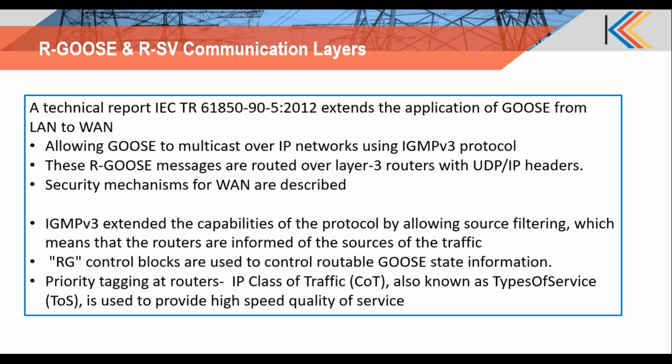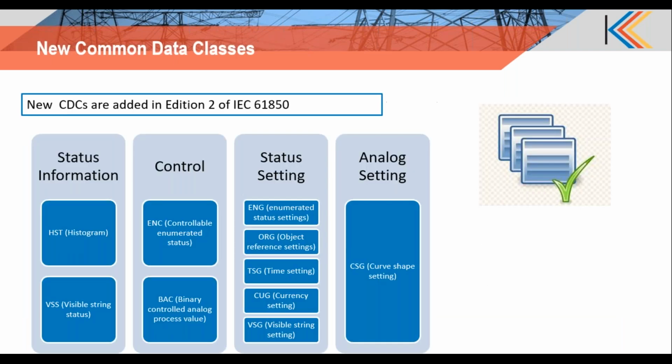Similarly, I was telling you these Goose messages as well as the R-GOOSE messages are used for time critical information. So even in the UDP domain, we have some sort of priority tagging, the same way as we had VLAN priority in the case of regular Goose. In R-GOOSE, we have this priority tagging at routers, which provides high speed quality of service for the Goose messages that are transferred across your UDP network.